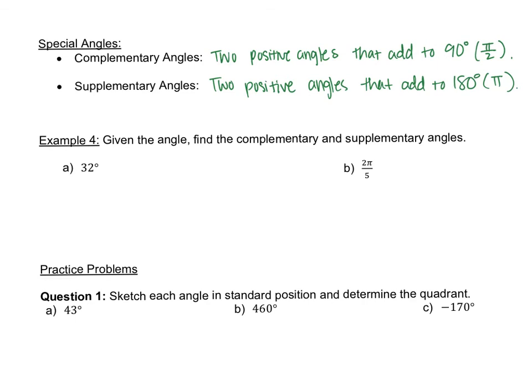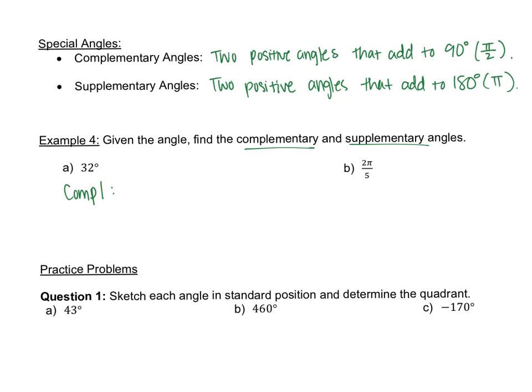All right. So from here, we're going to take the angle that they gave you. I'm going to do first in degrees because that's a little bit easier. And we're going to have to find the complementary and the supplementary. So for complementary, essentially, we're going to take the angle that they give us and find the angle that's complementary to it. Or in other words, what's the angle that if I add this, I get 90 degrees.